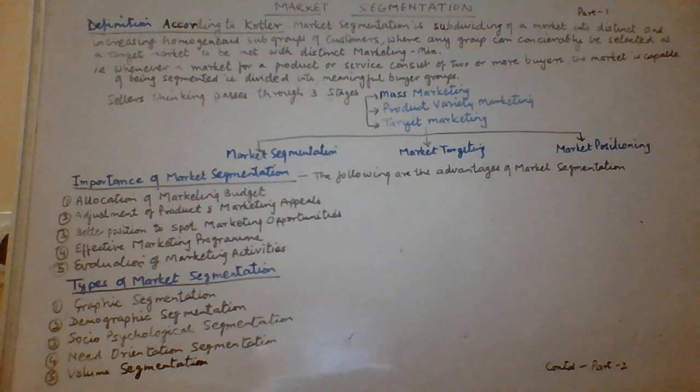Broadly, if I say, the market can be segmented on the basis of whether it is for the consumer product or the industrial product, or consumer market or the industrial market. And therefore, I will be discussing the basis for segmentation for a consumer market separately, and for the industrial market separately.